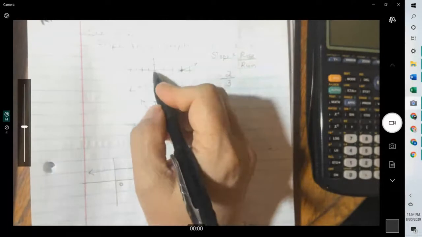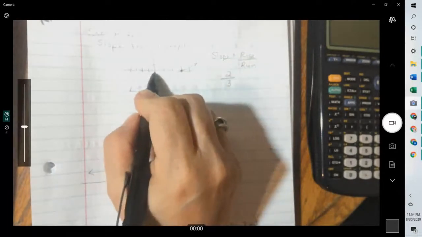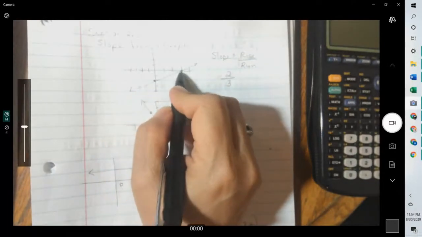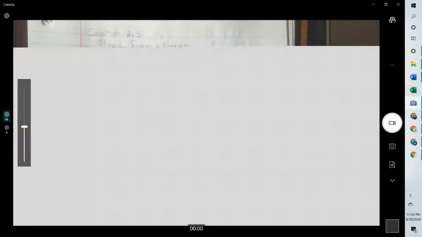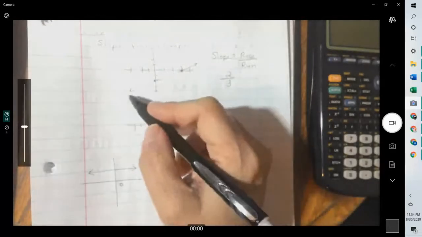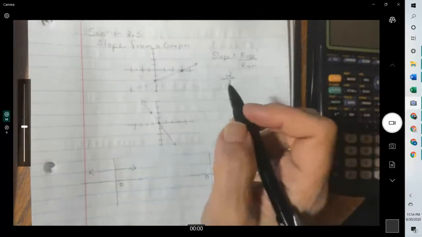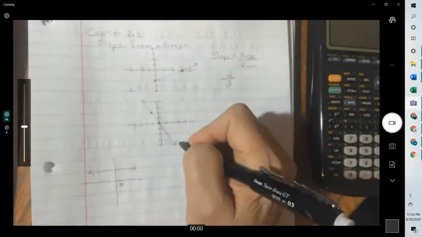So from here we went up 2, that got the top number, and then over 1, 2, 3. So rise over run. Notice that the graph is increasing because it's going up. Always go from left to right. So this would be a positive graph.